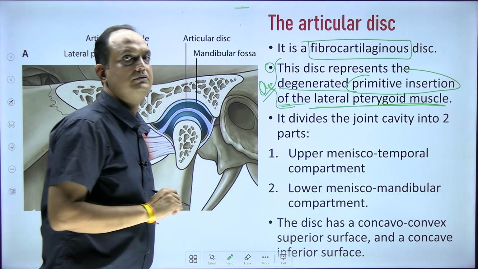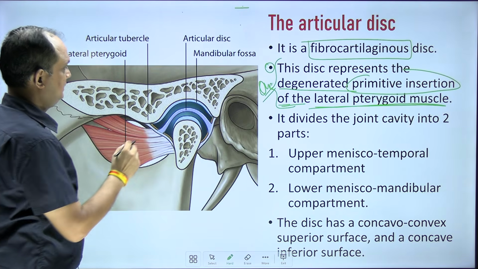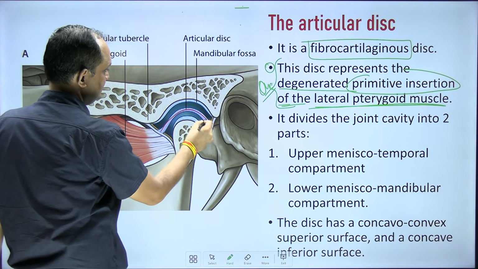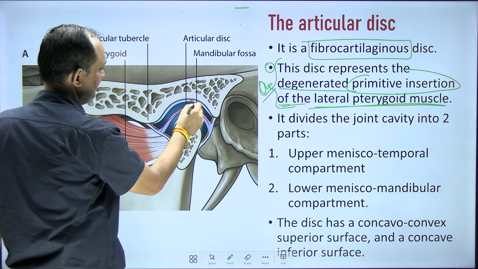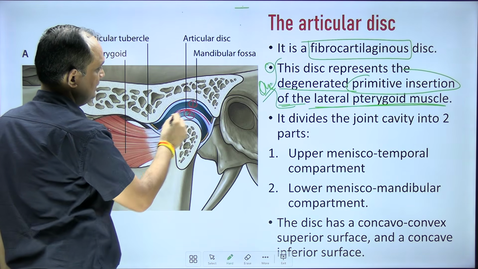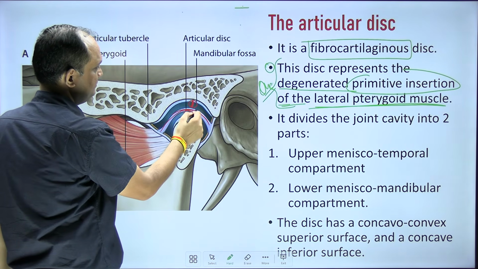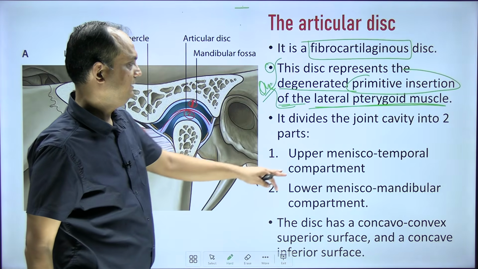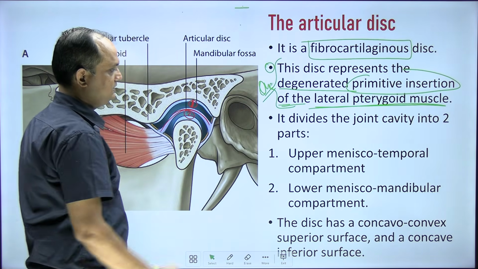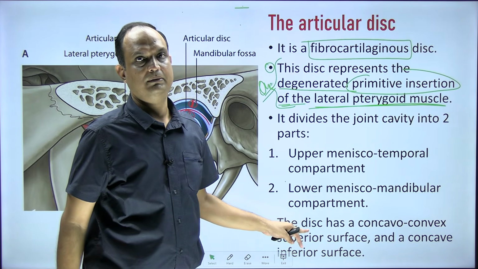Now this disc divides the joint cavity into two parts. Here you can see this is the disc, this is the first or upper chamber and this is the lower chamber. The upper chamber is known as the menisco-temporal compartment and the lower chamber as the menisco-mandibular compartment.